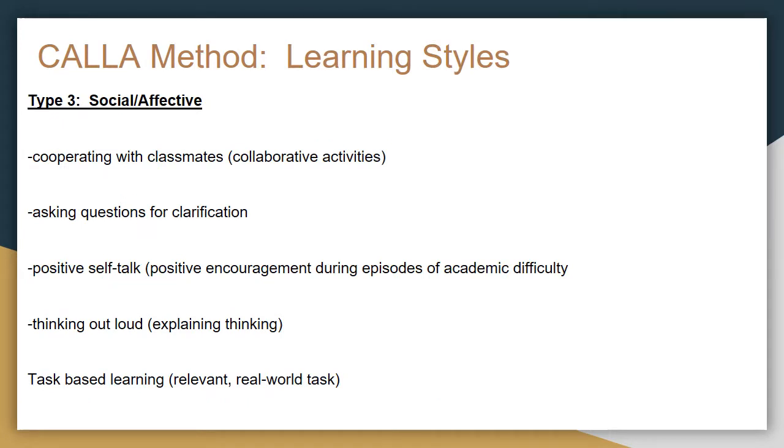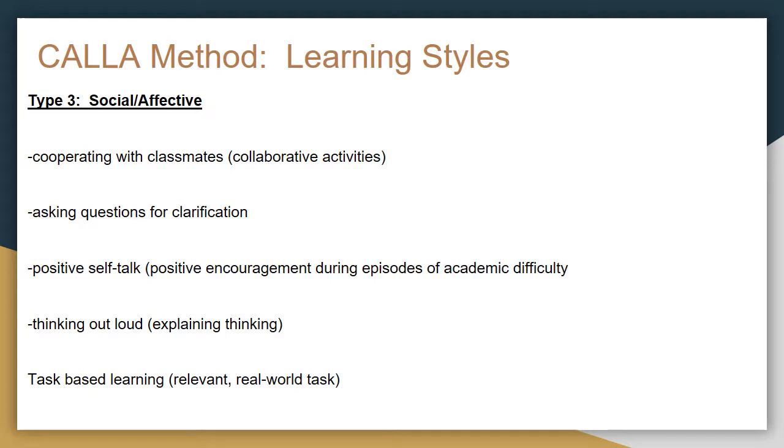Type 3 strategies would be social affective strategies. In these strategies, students would be cooperating with classmates and they would be doing collaborative activities. They would be asking questions or making comments. You could also involve positive self-talk, so students talking to themselves out loud or mentally, in which they encourage themselves when they face something that's unknown or something that might be slightly difficult.